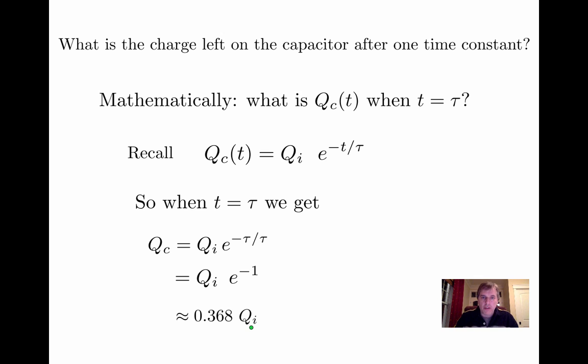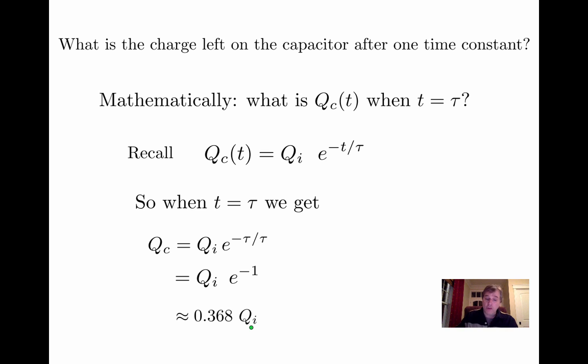So for a given circuit, if you calculate the time constant, you know that if you wait a time equal to one time constant, the charge left on the plate of the capacitor is about 36.8, or about 37%, of the initial charge. That's why the 37% was shown in the previous graph, because this is the percentage you have left when you've waited a time equal to one time constant.